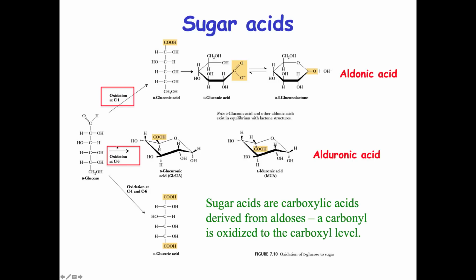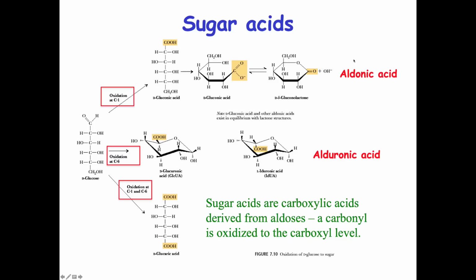If we have oxidation at the C6 position, you get the formation of an alduronic acid, and this is glucuronic acid shown here. And then we can also have oxidation at the C1 and C6 position. So this results in glucaric acid.